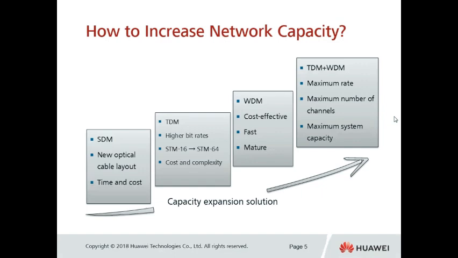For the older WDM, maybe you have 80 wavelengths, and each wavelength can only carry 10G, but we can use higher-rate wavelengths, and each wavelength can carry higher capacity. With this kind of solution, we can use maybe 80 wavelengths, and each wavelength can carry 100G. You can see TDM plus WDM together make your network capacity become higher and higher. Okay, so that's the solution now to increase the network capacity, which is very good.